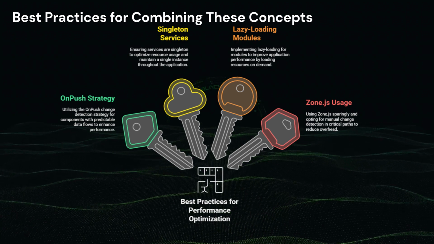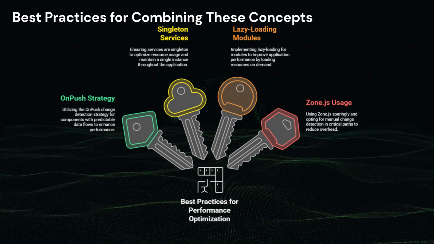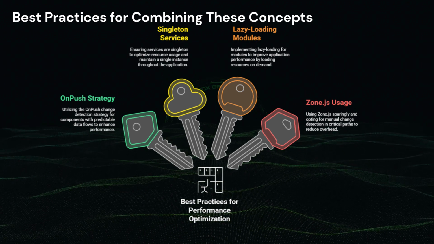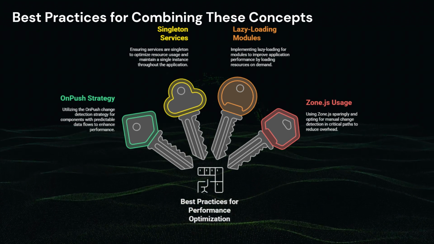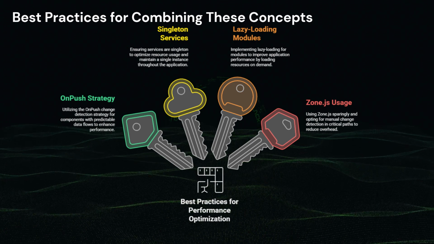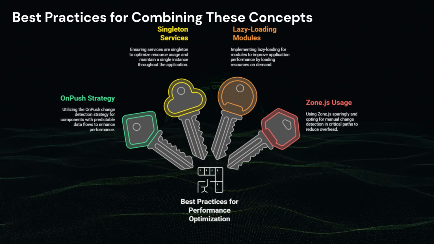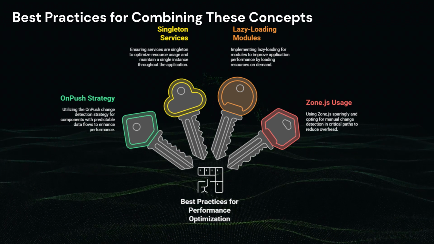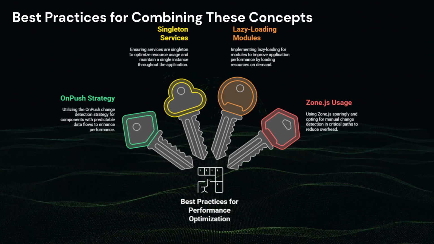Third, leverage lazy loading for modules to improve performance. And the last, use Zone.js sparingly and fall back to manual change detection for critical paths, like cdr.detectChanges, in the last example we have seen.